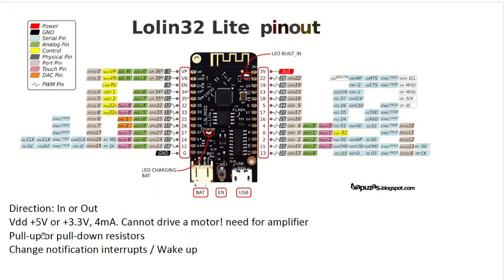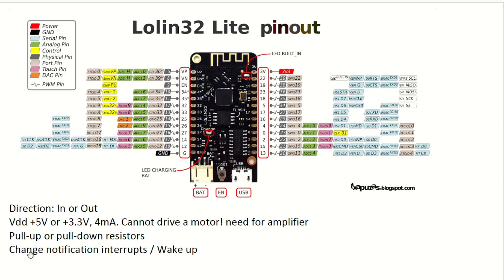So you cannot have any floating voltage on these input pins. This is very important if you don't want to bother with putting external resistors. Some microcontrollers have these pull-up resistors inside the chip.